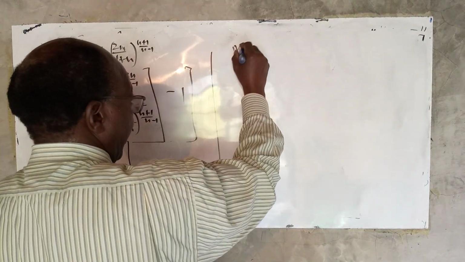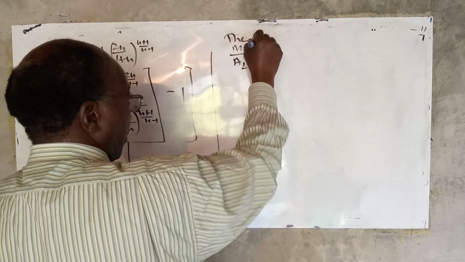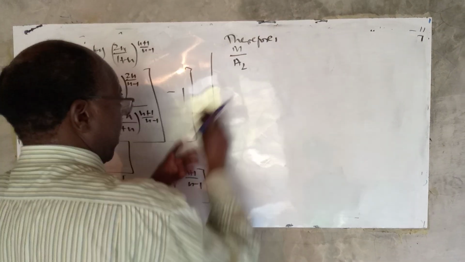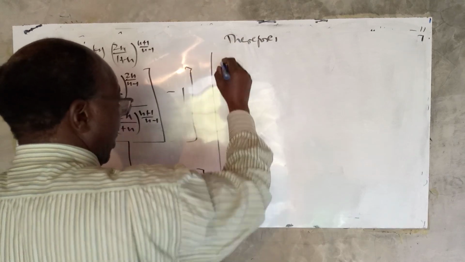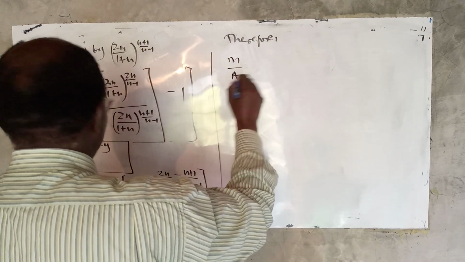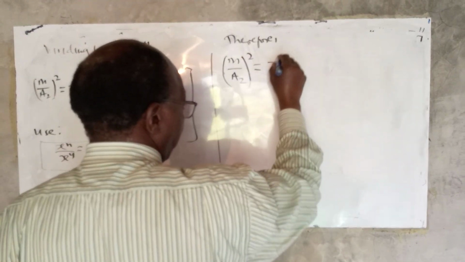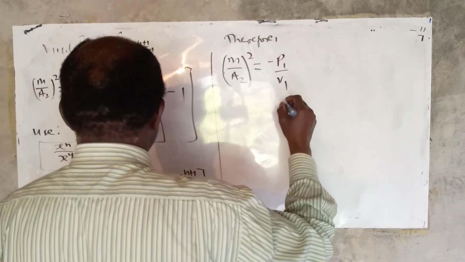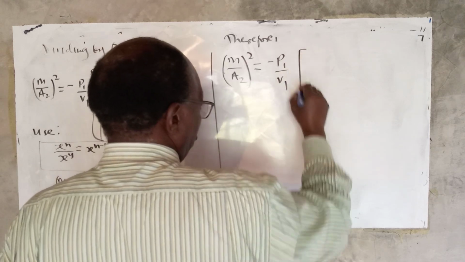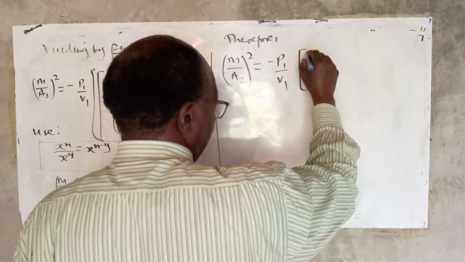So we have m over a2 squared is equal to minus p1 v1 into 2n over 1 plus n.